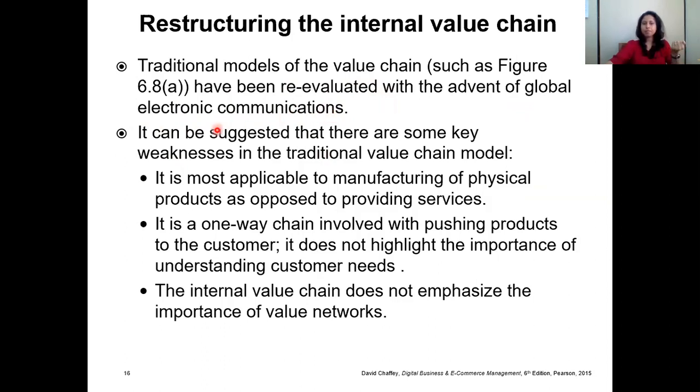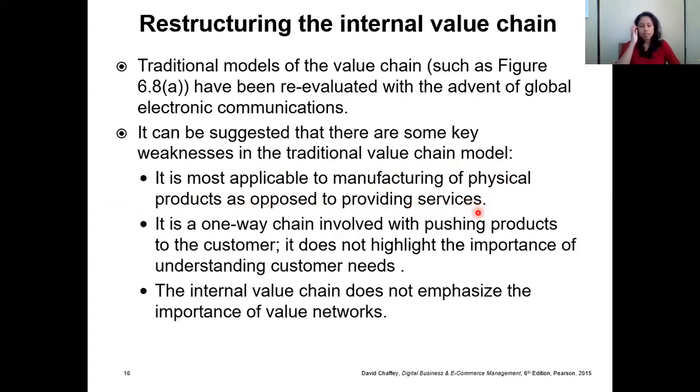Right? It can be suggested that there are some key weaknesses in the traditional value chain model. So what are the drawbacks or the negative points of the traditional value chain model? One thing is, it is most applicable to manufacturing of physical products as opposed to providing services.